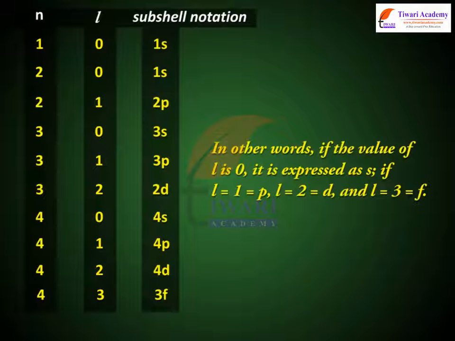In other words, if the value of l is 0, it is expressed as s. If l is equal to 1, it is p, l equal to 2 is d, and l equal to 3 is f.